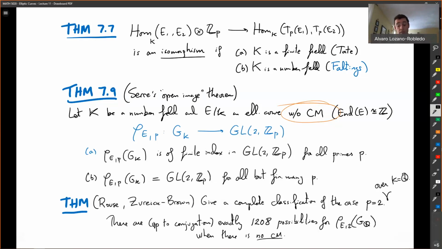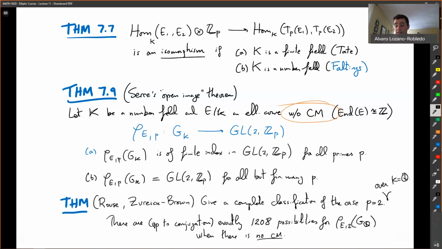Rouse, Zureick-Brown, and others are working on trying to come up with a classification of the three-adic images of Galois representations and so on. Why do we care about Galois representations? Because of two reasons. One, they give you all sorts of information about the structure of the elliptic curve, of the torsion subgroup of elliptic curves.